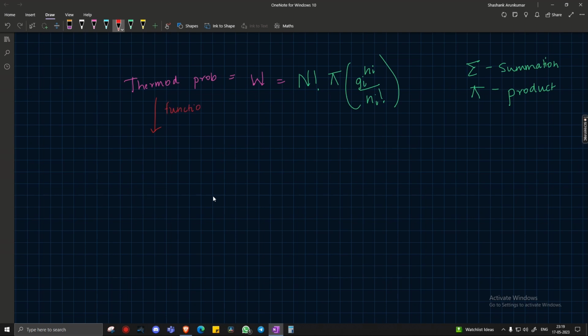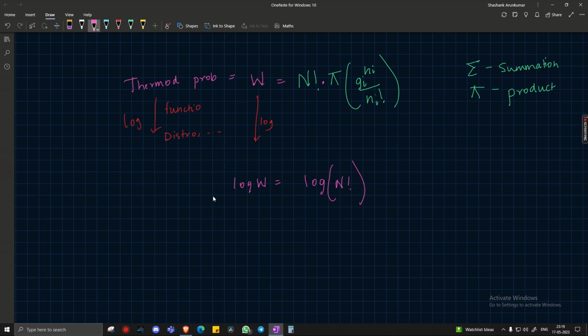Now what we want is a distribution. When you want to convert a function into a distribution, we use a very powerful tool of mathematics called the logarithm. So we'll take the logarithm on both sides. That will be log W equal to log of N factorial. Now pause a second over there. We have the pi function, and when we take the logarithm of pi, it becomes the sigma function.